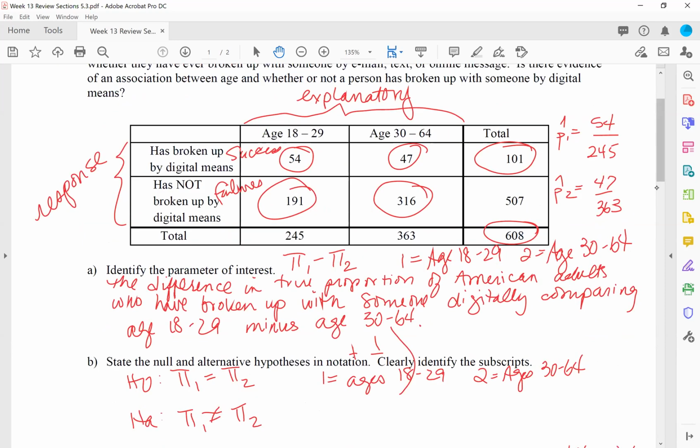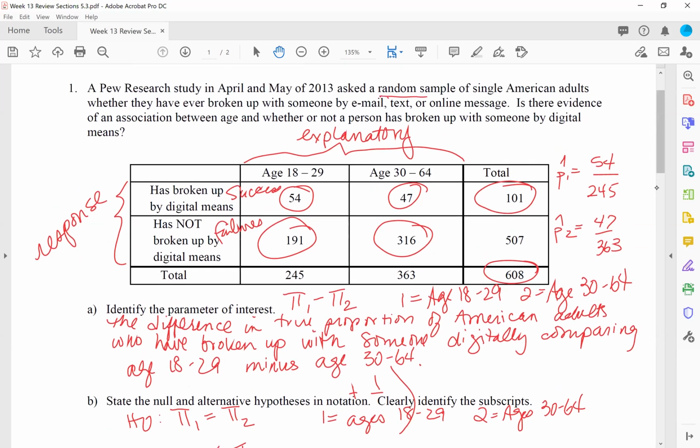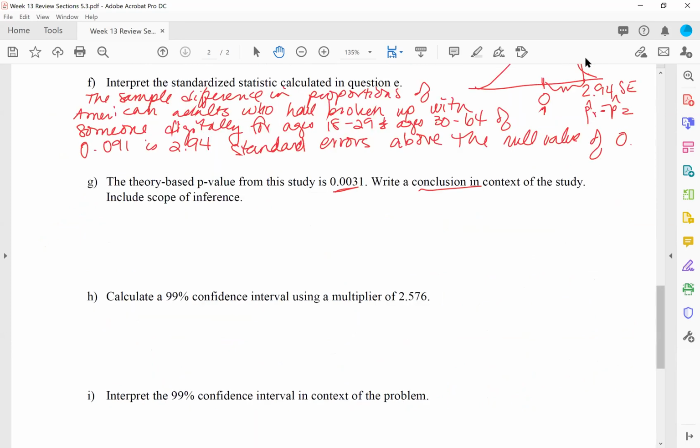So there's no random assignment. It does say that it's a random sample. So this means that we can generalize back to a larger population. We can generalize it back to all adult Americans, but we can't talk about causation. So I'm going to write a conclusion that's also including that scope of inference.